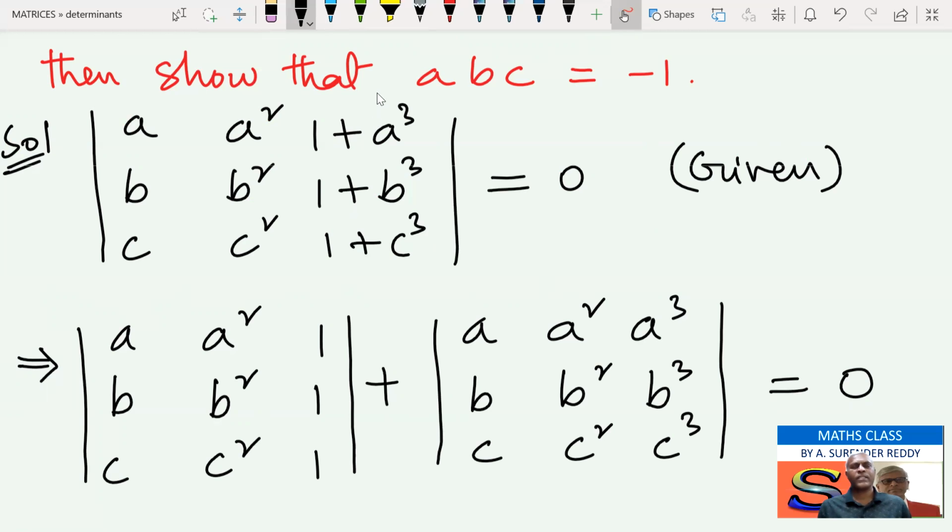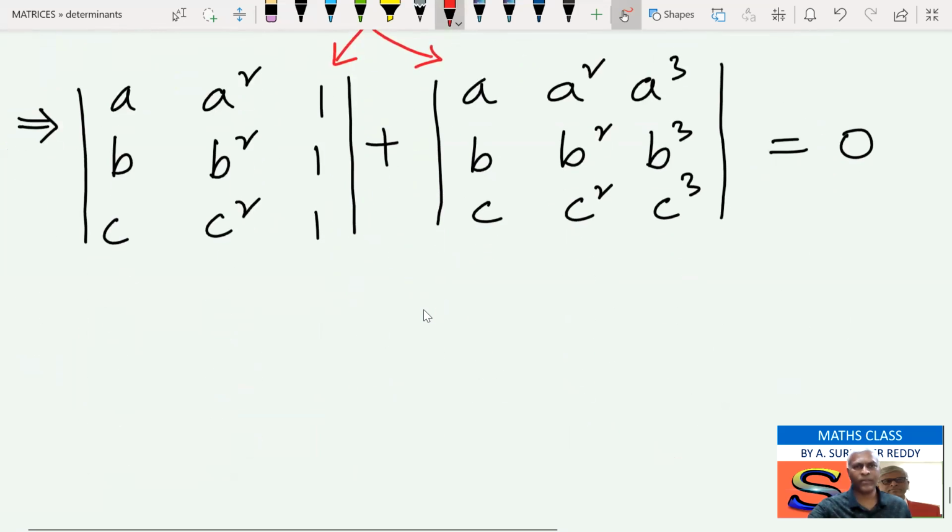When C3 is 1 plus A cube, 1 plus B cube, 1 plus C cube, as a sum of two numbers, the determinant can be split and written as a sum of two determinants. This is a property of determinants. Using that property, we are splitting the left side determinant into a sum of two determinants.